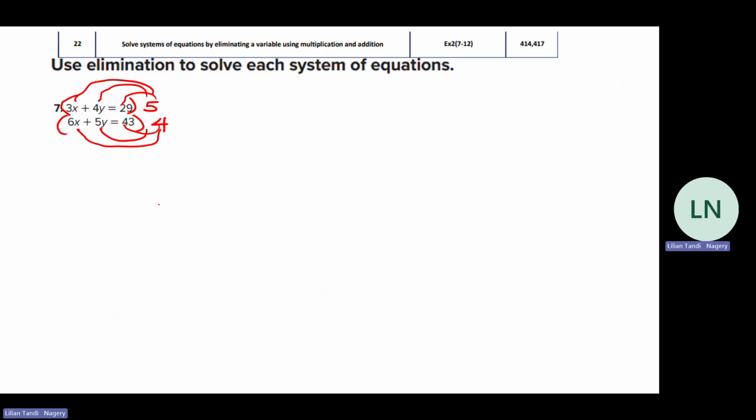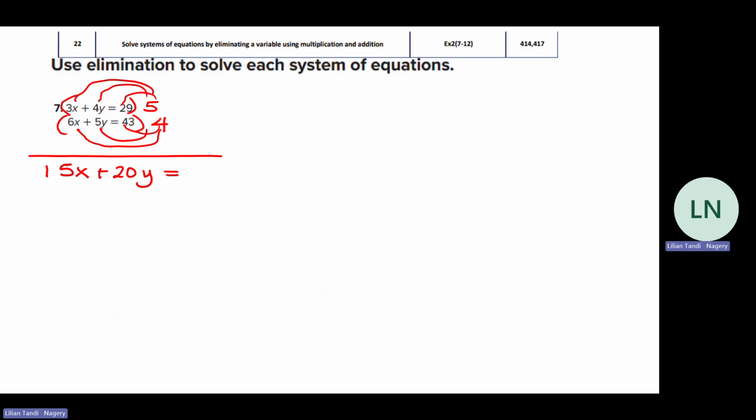Okay. So 5 times 3x is 15x. 5 times 4y is 20y. And 29 times 5, see, this is why I should have brought my calculator. 29 times 5.